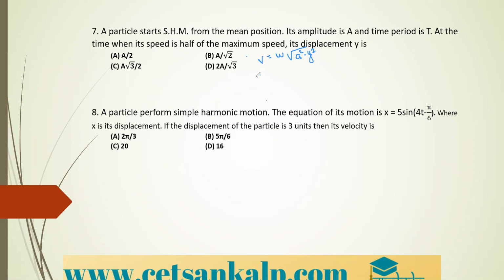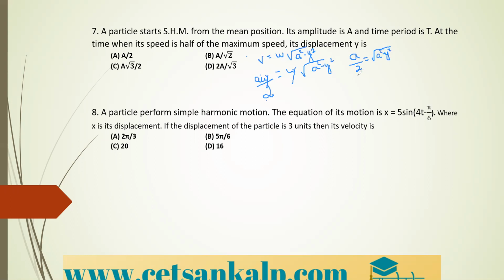Maximum speed, we have seen that formula also, that is A omega. Therefore, A omega divided by 2 is equal to omega under root of A square minus y square. So omega will get cancelled here. Therefore, we will get A by 2 is equal to root of A square minus y square.